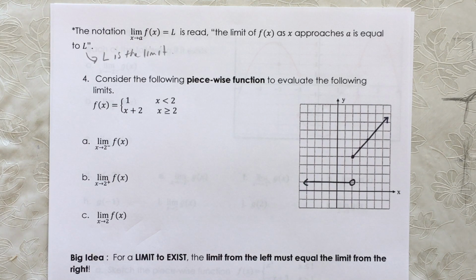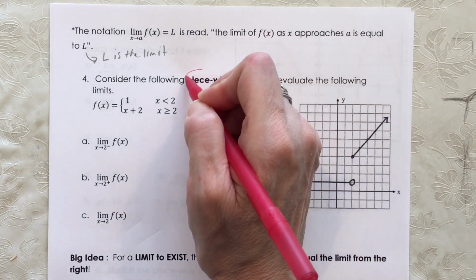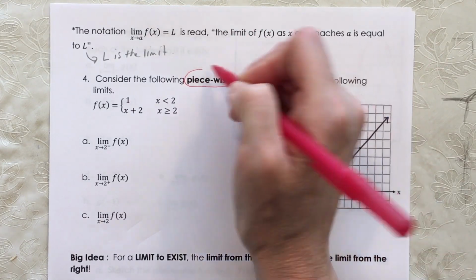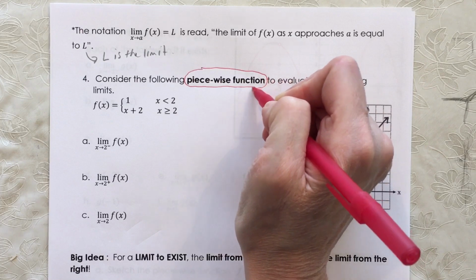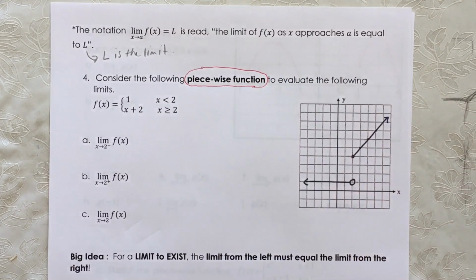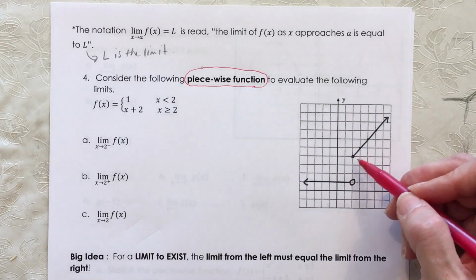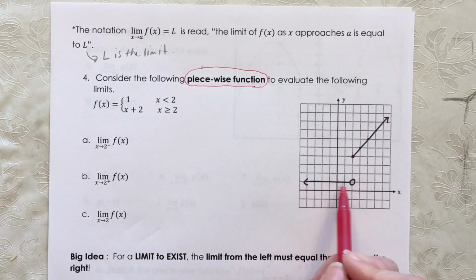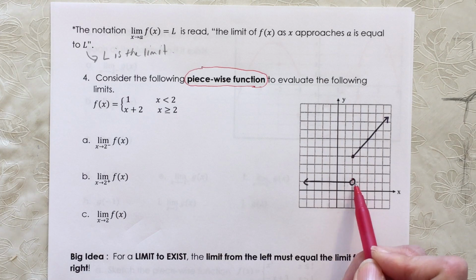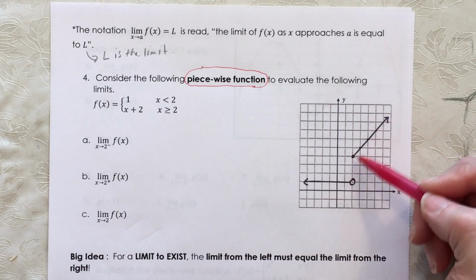So we're kind of learning a new topic here, piecewise function. You can see why we might call this a piecewise function because it's in two pieces. Here's one piece, this horizontal line with a hole at the end. And then our second piece is this slanted line.